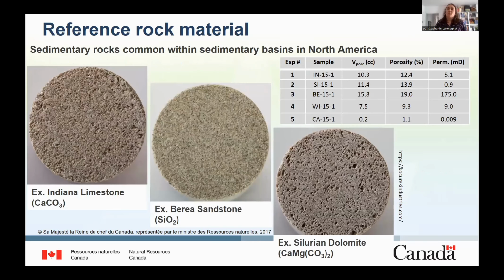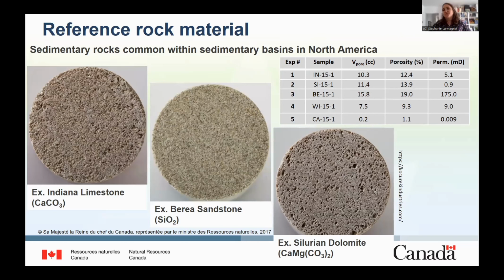So we'll be moving on the material now, a little bit more details on those reference rock samples that I talked about. So for objective 1 and 2, we bought a rock core from a provider in Texas. We selected 5 lithologies. They were selected because we think they cover a wide and nice range of sedimentary rocks that occur in Canadian sedimentary basins.